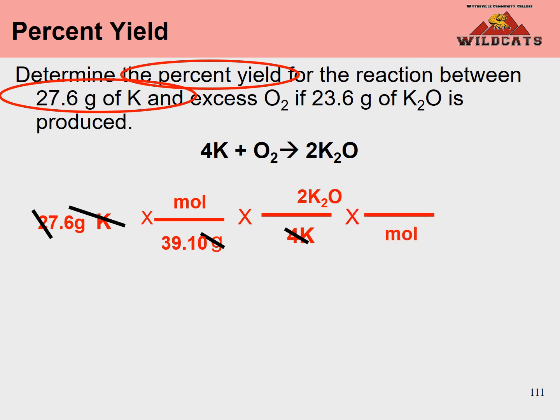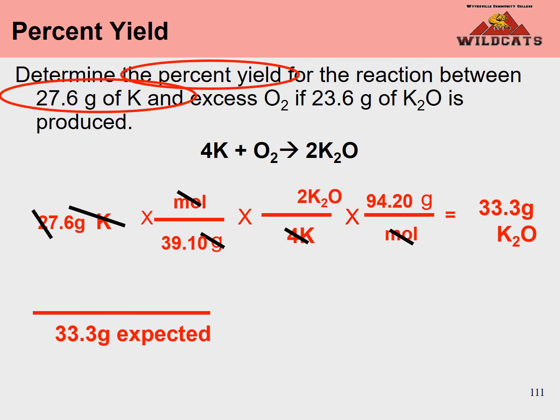yield. So we need the grams of K2O, so we get rid of the moles. Grams on top, take the mass of 2 potassiums and 1 oxygen, end up at 94.20, and we end up at 33.3 grams of K2O. This is our expected yield.